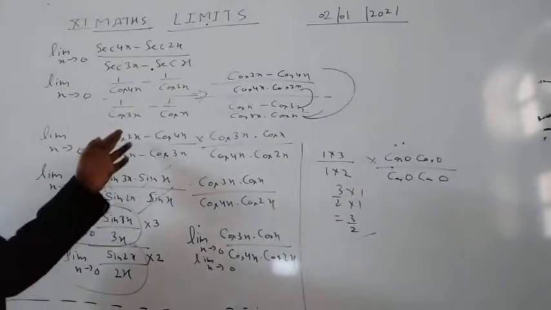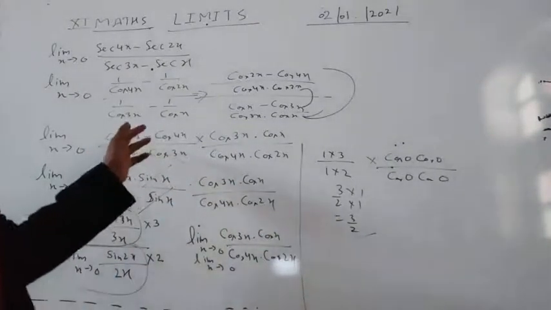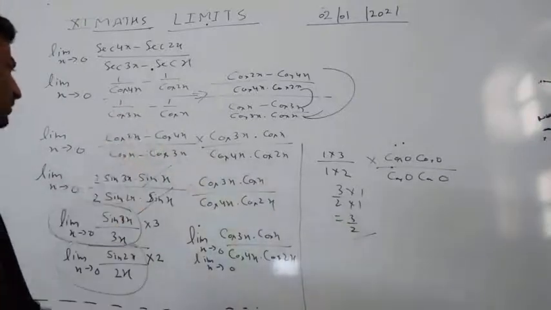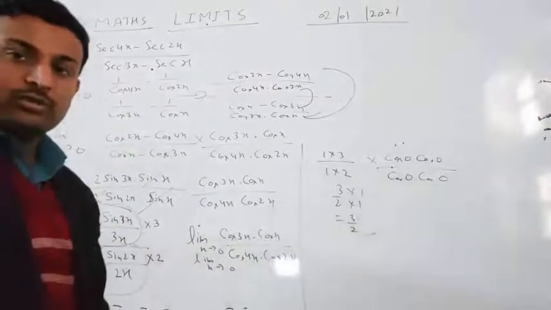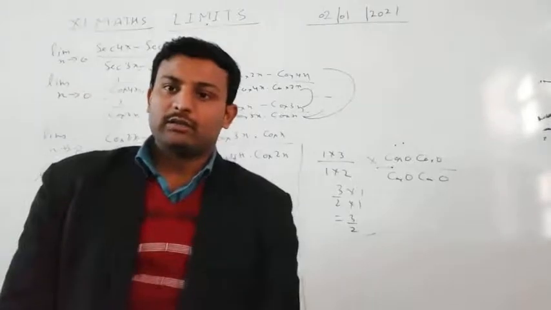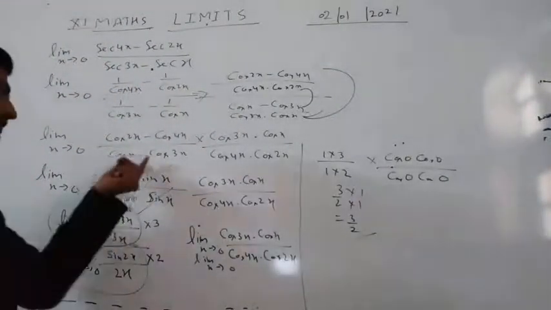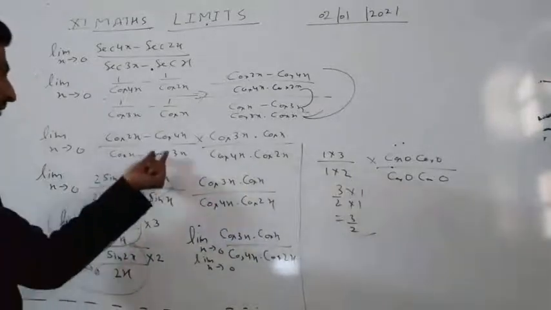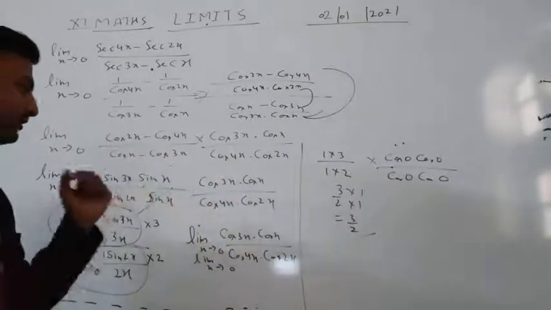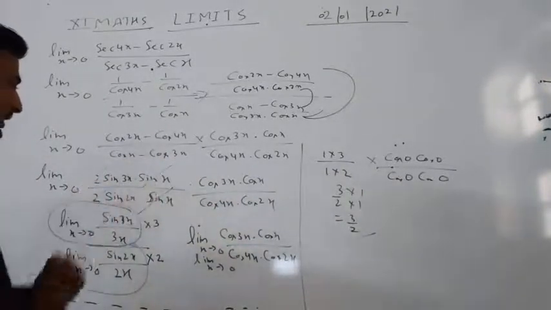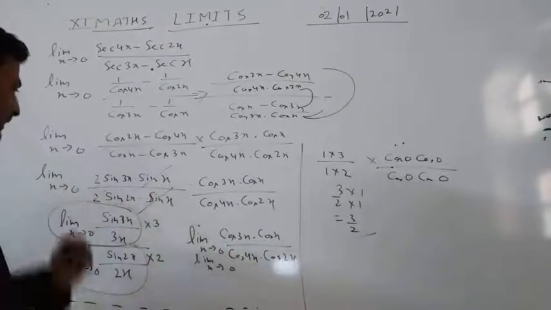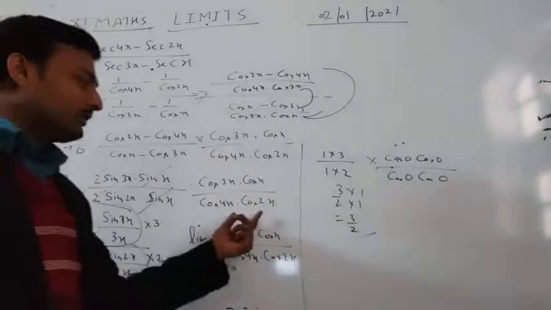And here student we are saying that this is cos C minus cos D. So we know the formula of cos C minus cos D, 2 sin (C plus D) by 2 into sin (D minus C) by 2. In the denominator also cos C minus cos D, 2 sin (C plus D) by 2 into sin (D minus C) by 2. This sin and sin will cancel. This 2 and 2 will cancel. And this part will be same.